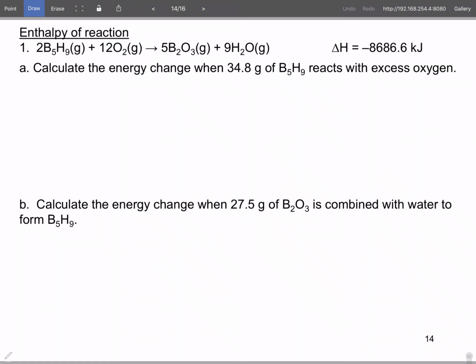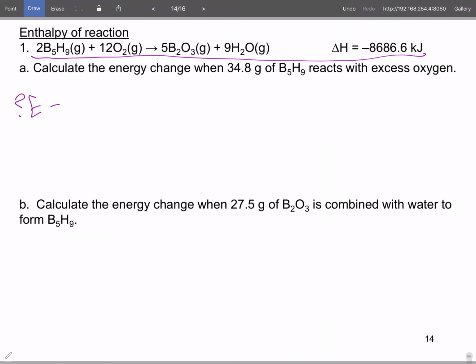Okay, so we're going to calculate the energy change when 34.8 grams of pentaborane nonahydride, you wouldn't have to name that, but okay, reacts with excess oxygen. So here's our overall equation. It is balanced. It's the lowest ratio. It's got a delta H that's negative. So we want the energy change.